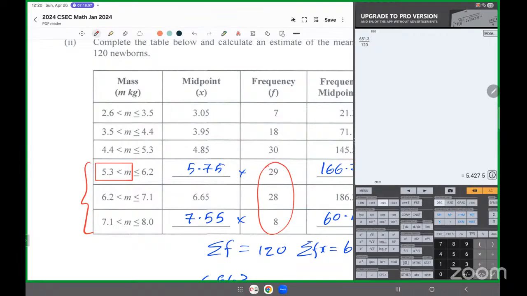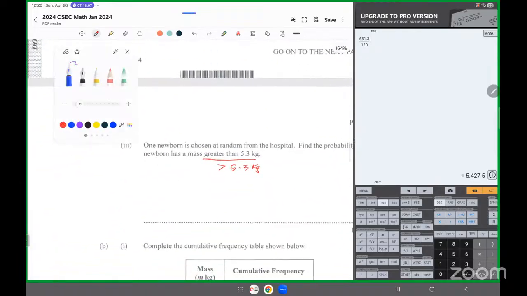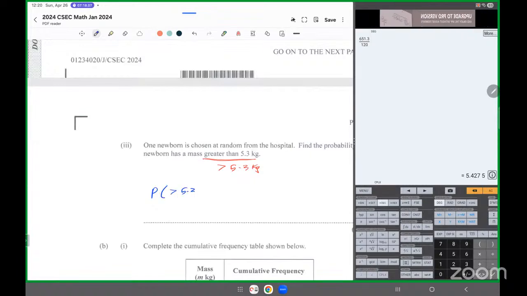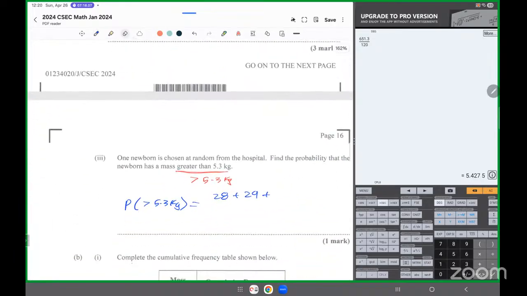So 29 plus 28 plus 8. The probability of greater than 5.3 is equal to 29 plus 28 plus 8, divided by the 120.